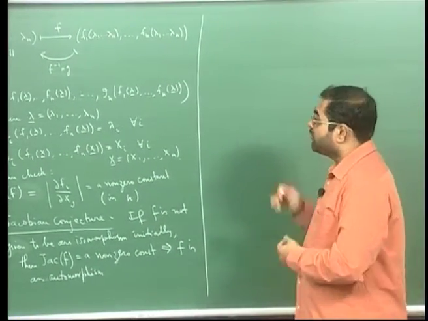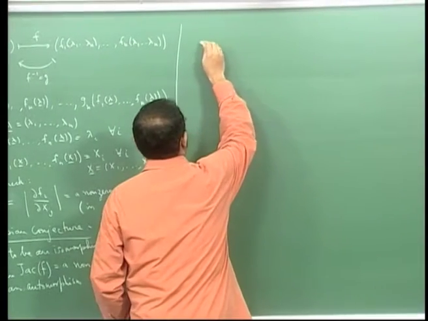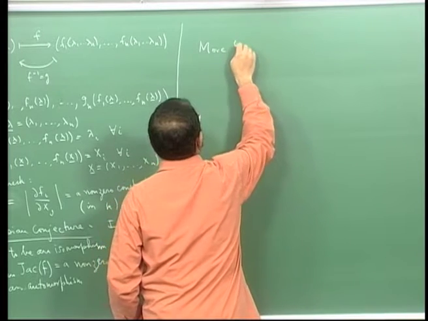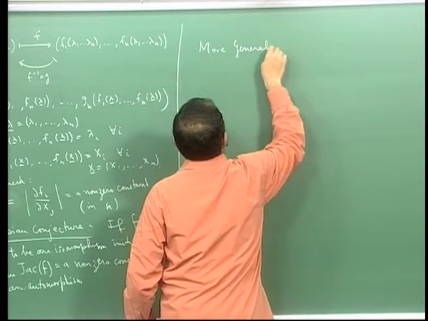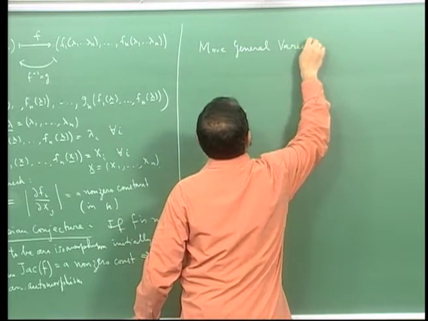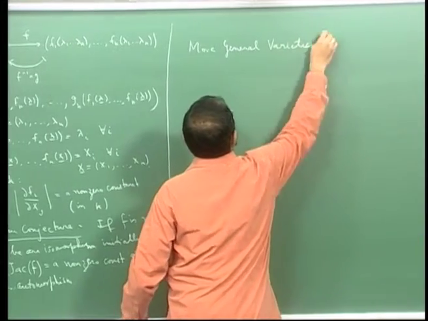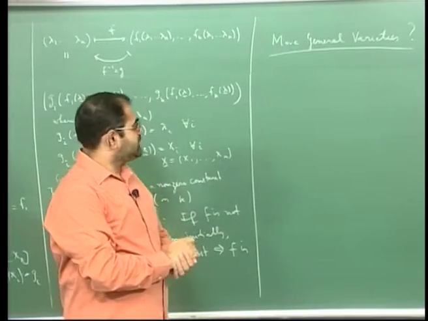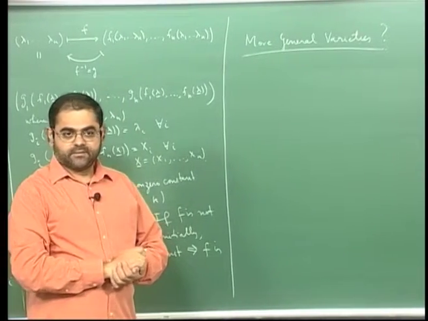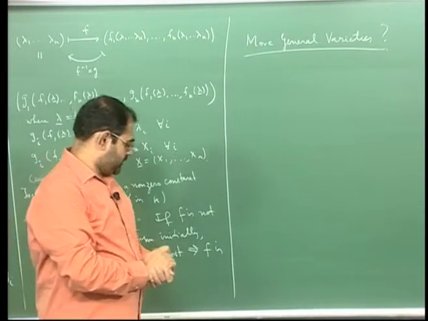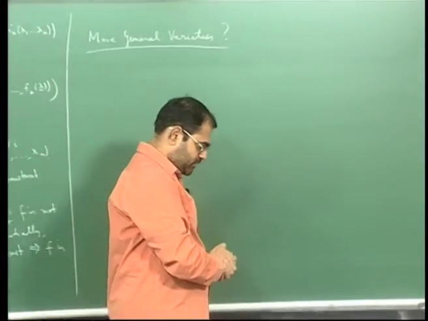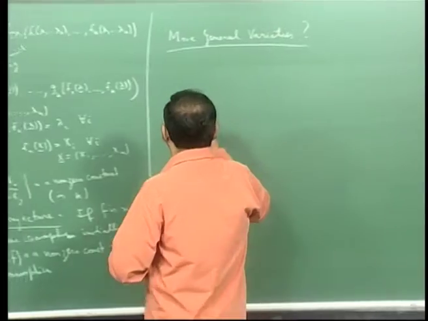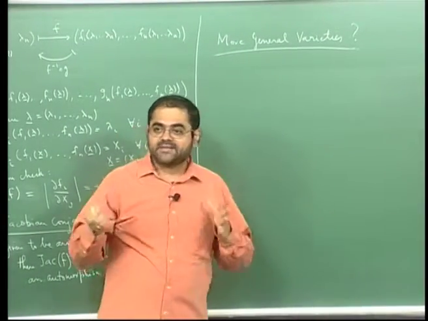What I want to do now is go to the question of more general varieties. Let me first give an example. What are the varieties that we know so far?